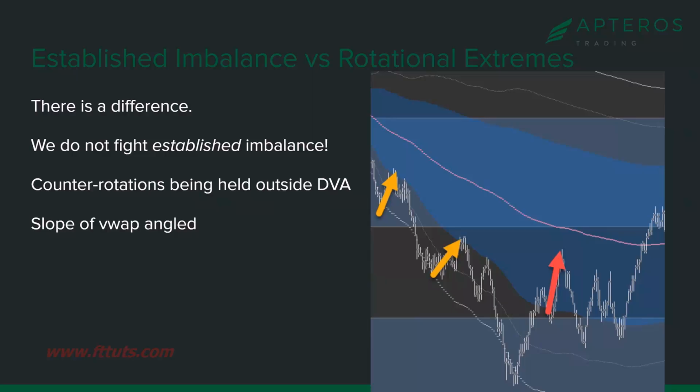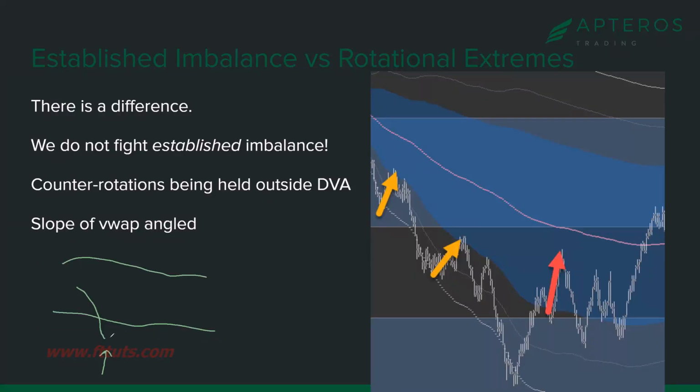One thing that's important is understanding you may have price, you may have a DVA, and you may have price that pushes an extreme, and we may consider this a point to look for a long, depending on narrative.